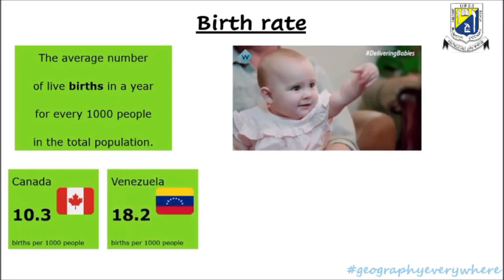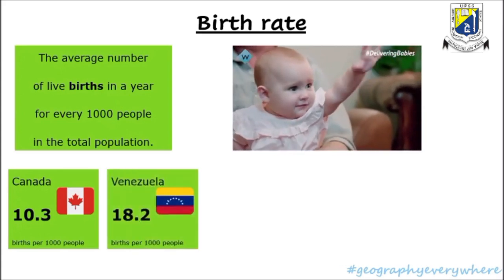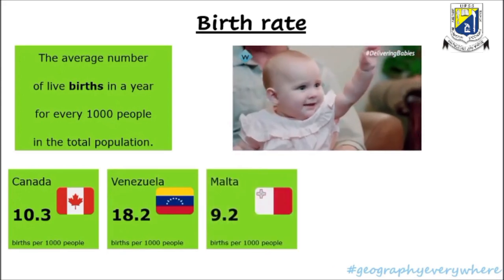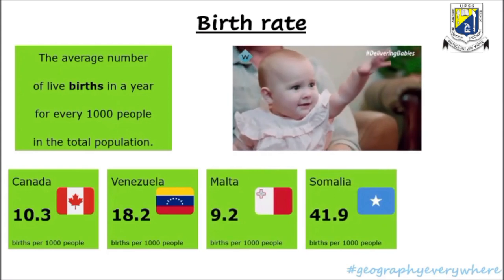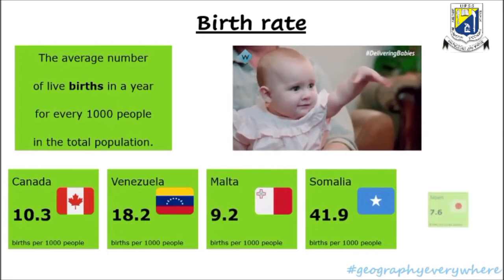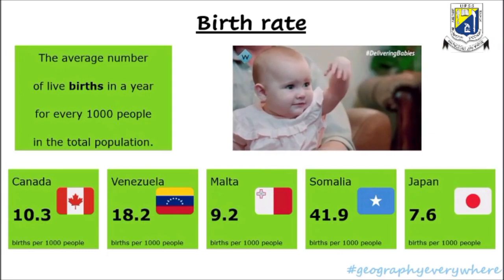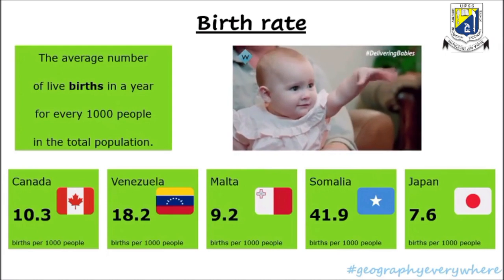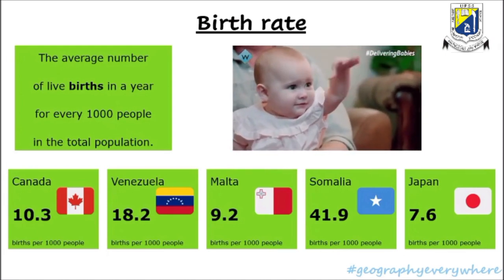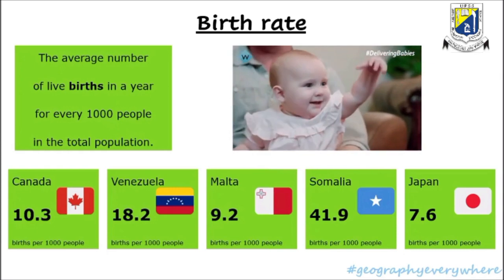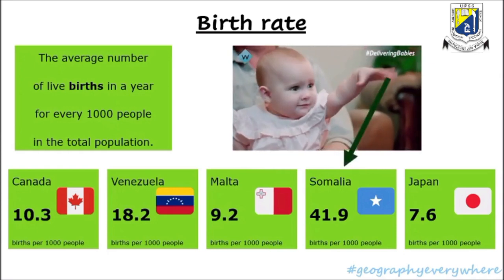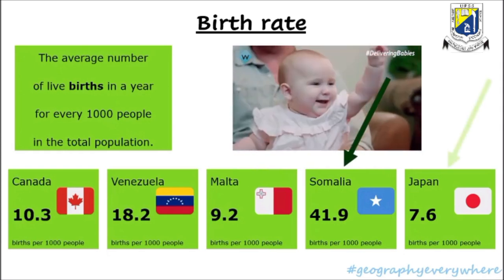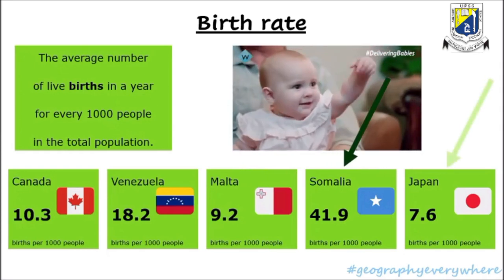Generally, high birth rates may lead to increase in population or overpopulation, while low birth rates can lead to low population. Now, take a look at the birth rate per thousand of some countries. We have Canada, Venezuela, Malta, Somalia, and Japan.